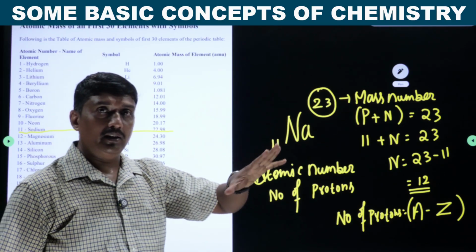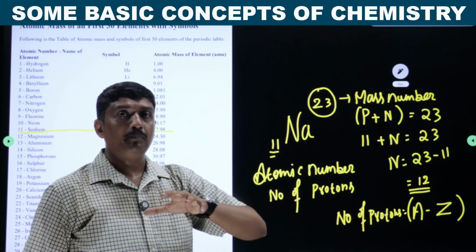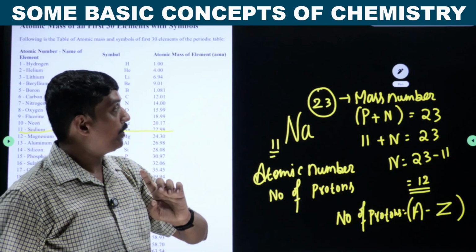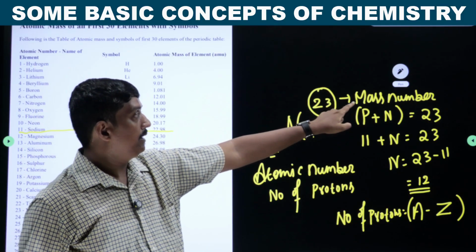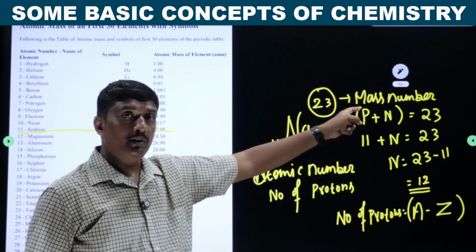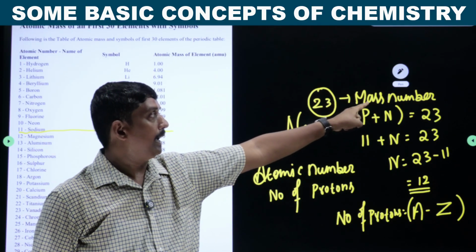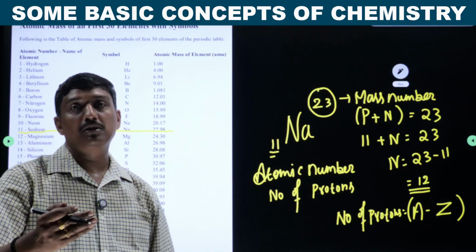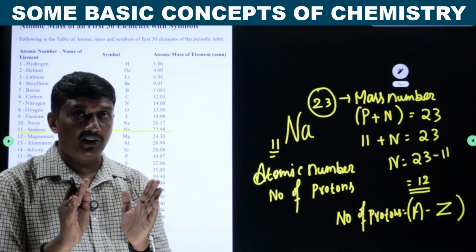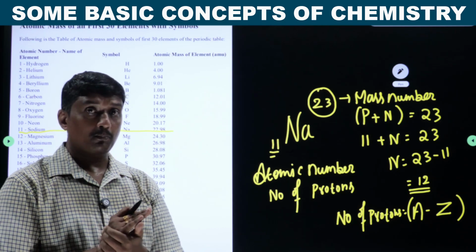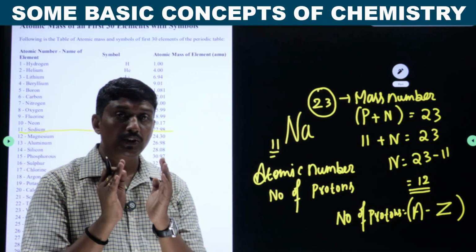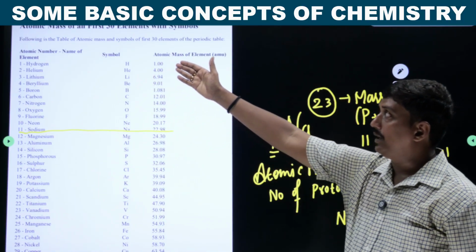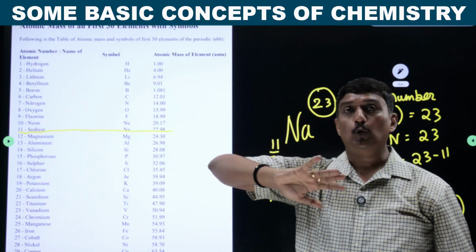The entire mass of an atom is concentrated in the nucleus. Therefore, we consider proton number and neutron number to calculate mass number. Mass of an electron is negligible, so we do not consider electrons to calculate the mass number.